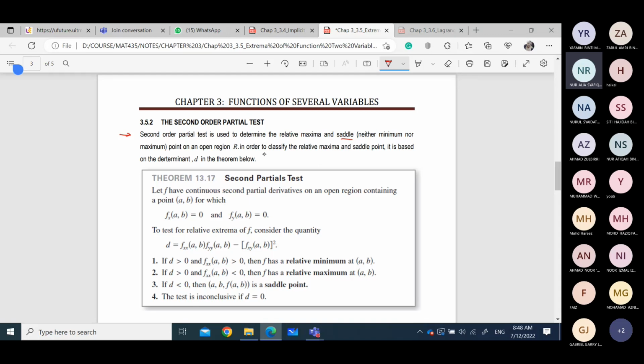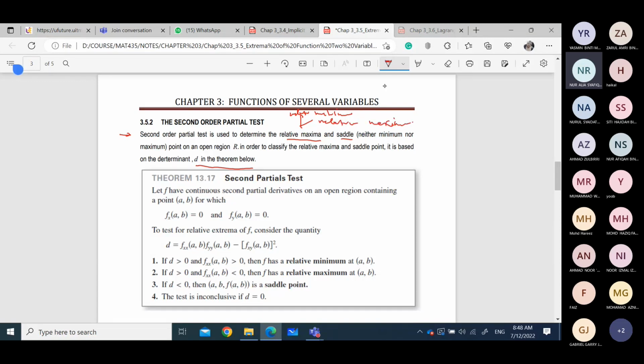In order to classify the relative extrema and saddle point, it is based on the determinant D in the theorem below. Here we have two conditions: relative extrema and saddle. Relative extrema means that we have a relative minimum, and the other one is a relative maximum.